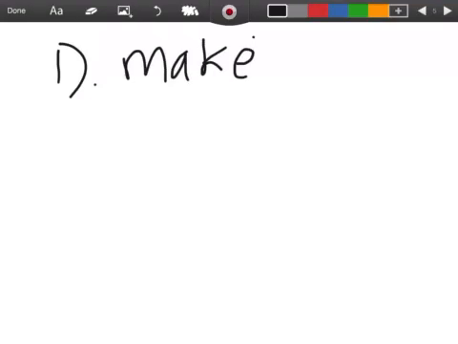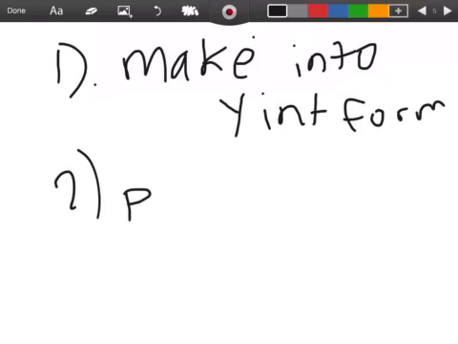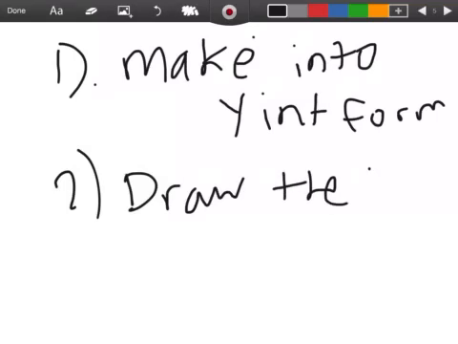So remember the 3 steps. Step 1 is to make the equations into y-intercept form, int for short. Step 2 is to draw the lines.